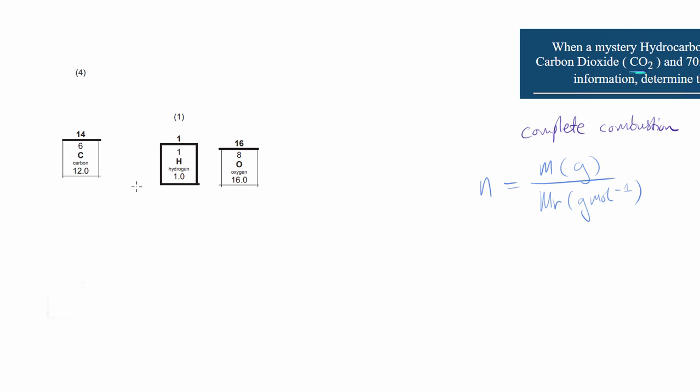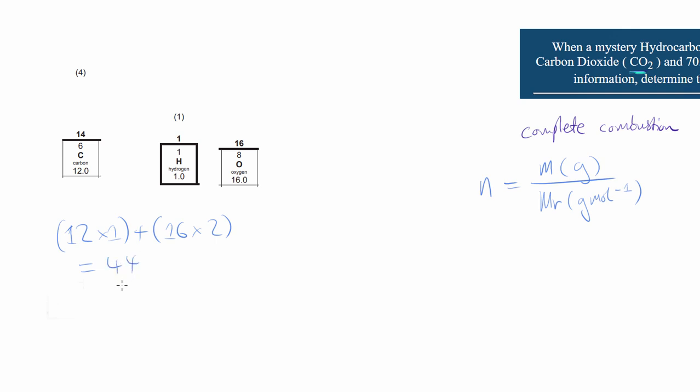We take the relative atomic mass of carbon, 12, multiplied by the occurrence of carbon in the formula, which is once, so times 1, plus the relative atomic mass of oxygen, 16, which occurs twice, so times 2. If you do that, you should get 44.